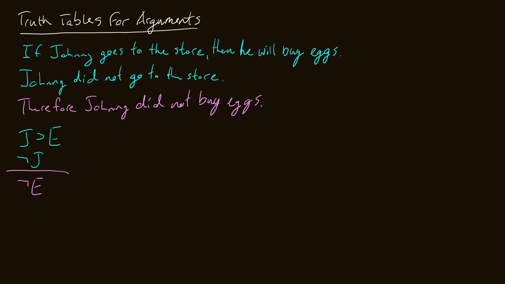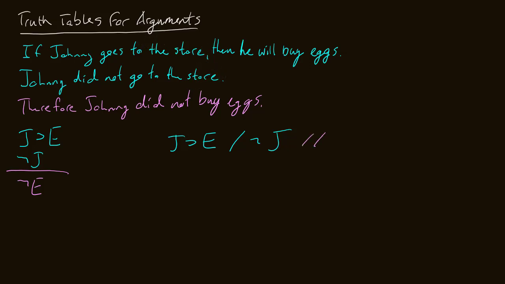But now we want to construct a truth table for this. So let's do that. How do we construct a truth table? Well, we'll write out our premises. And what we have to do is separate our premises by one diagonal line. So J then E, not J. And then we separate our premises from our conclusion with a double diagonal, so like this.